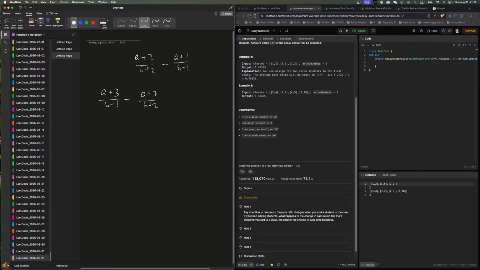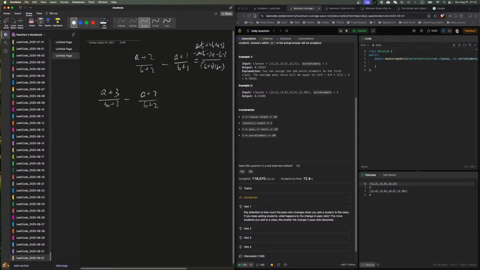I want to compare these two. So this is kind of the bang for the buck. So this comes out to AB plus 2B plus A plus 2, minus AB, 2A, B, and 2.